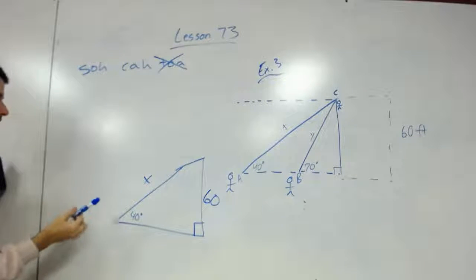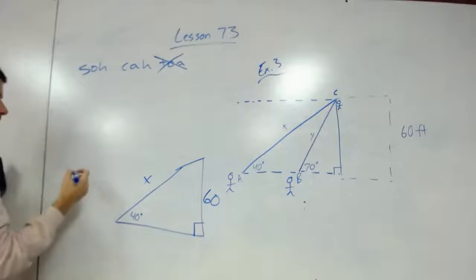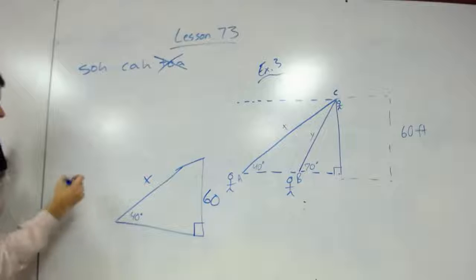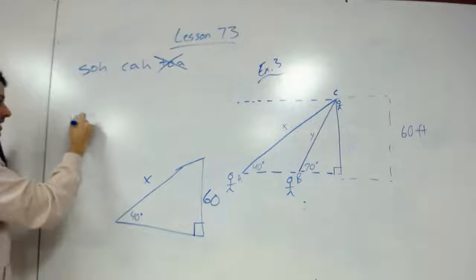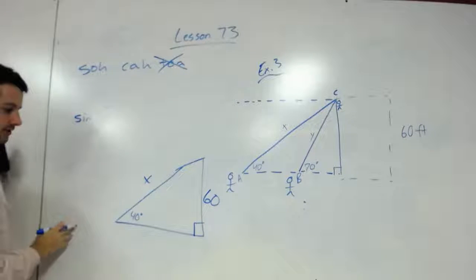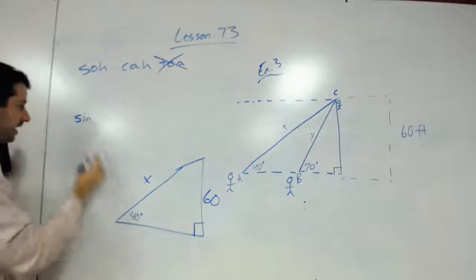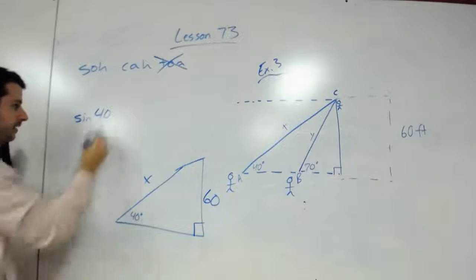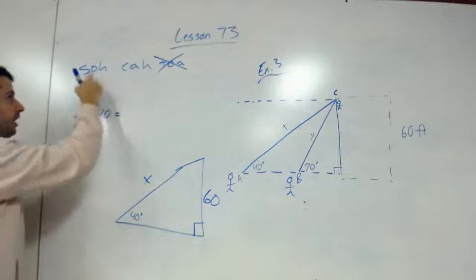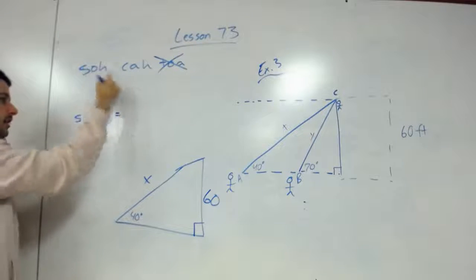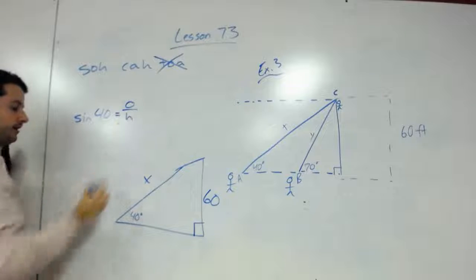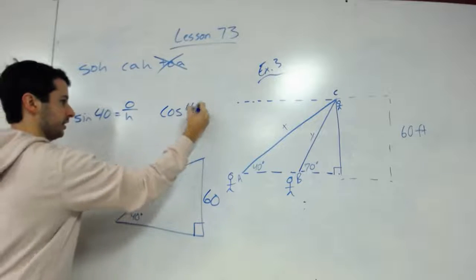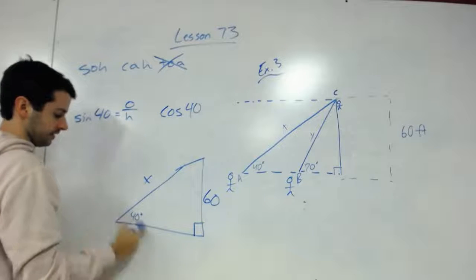Now from here, remember our starting point is always our angle. So if I'm saying sine of 40, attached to the degree, that equals opposite over hypotenuse. If I said cosine of 40, we would say adjacent over hypotenuse.